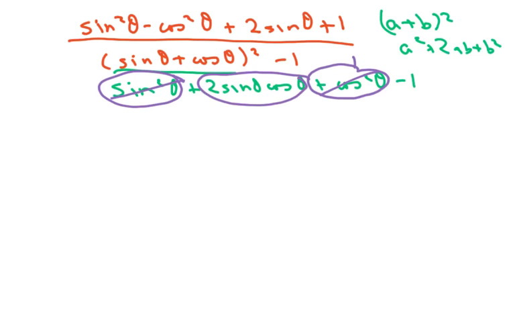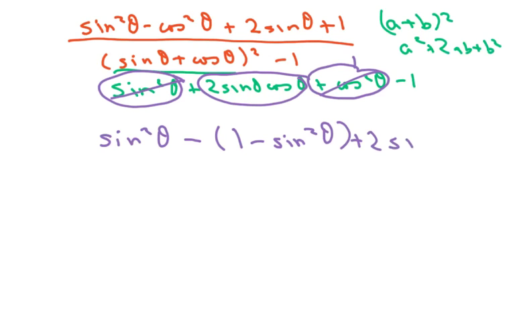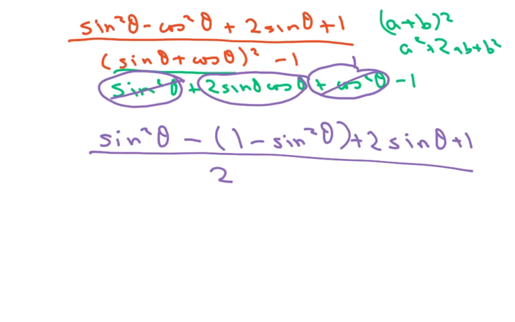So let's take care of the numerator, and what we get in the numerator now is sine squared theta minus 1 minus sine squared theta plus 2 sine theta plus 1 all over 2 sine theta cosine theta.